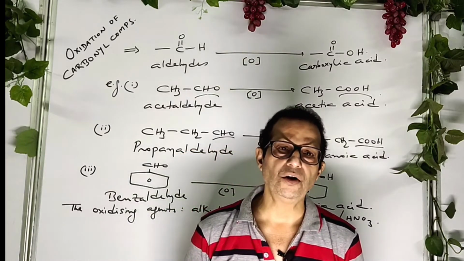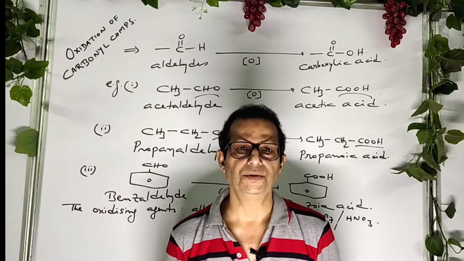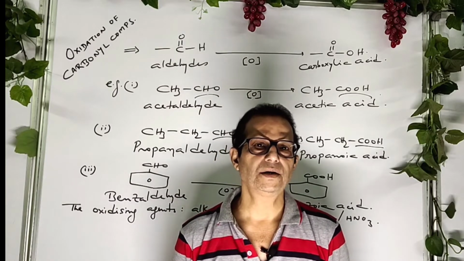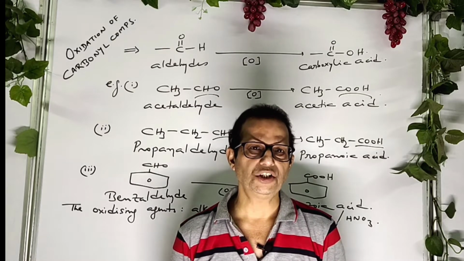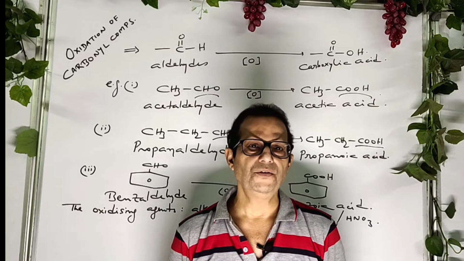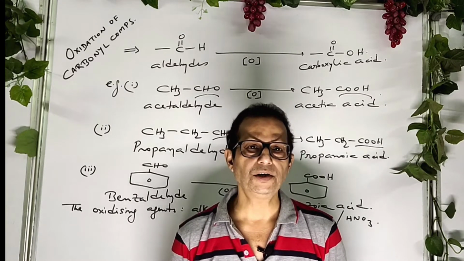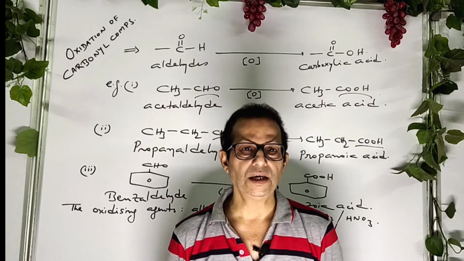During the oxidation of symmetrical ketone, no rule is followed, but during the oxidation of unsymmetrical ketone, one very important rule is followed, that is called Popoff's rule. So let's see the oxidation of ketone.